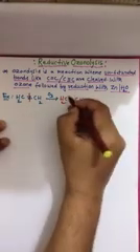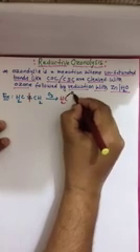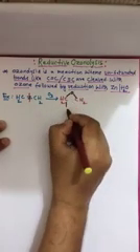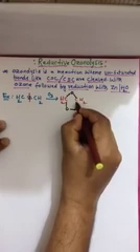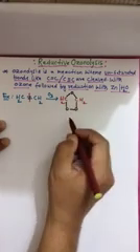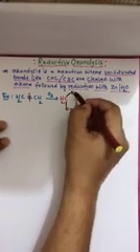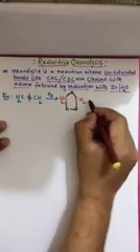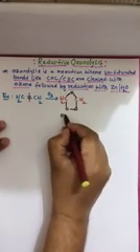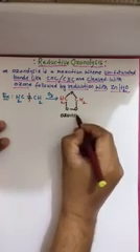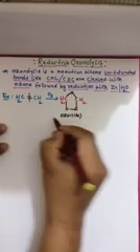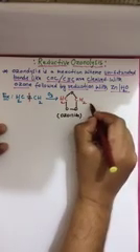Three oxygens: one oxygen you add above the plane, two oxygens below the plane, or reverse also you can do. Above the plane 2 oxygens, below the plane 1 oxygen. This we are calling ozonoid. Clear?